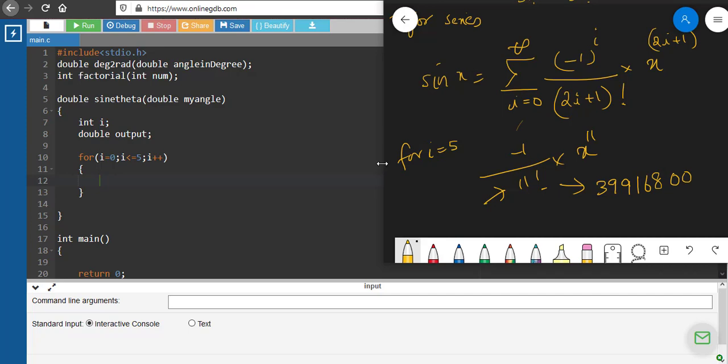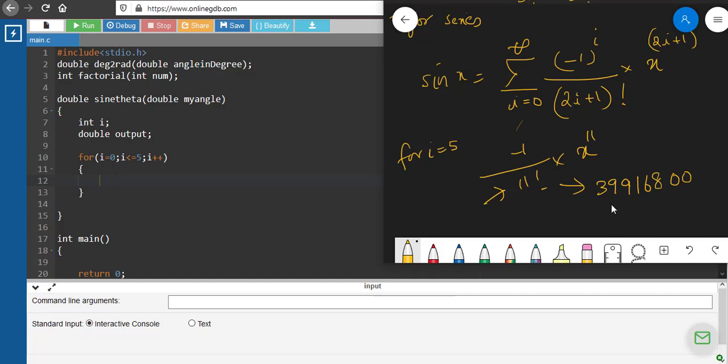The second reason is when you try to find the factorial of bigger numbers like 12, 13, there is a lot of chance that it will go outside the capacity of an integer variable. Integer variables can store a number only up to a certain limit. 12 factorial, 13 factorial will obviously cross that value. So we are limiting it to 5.